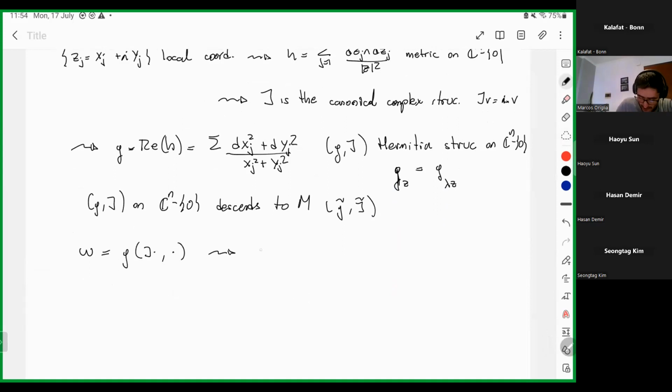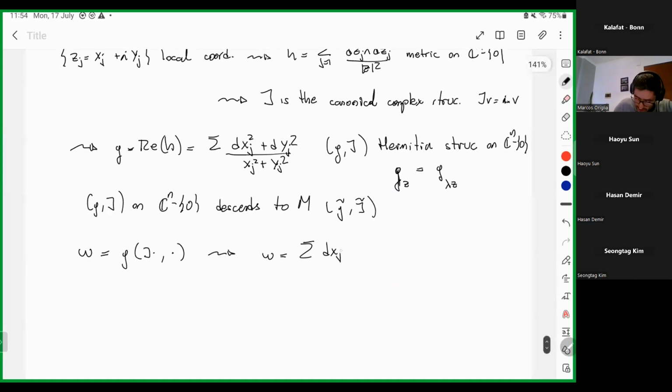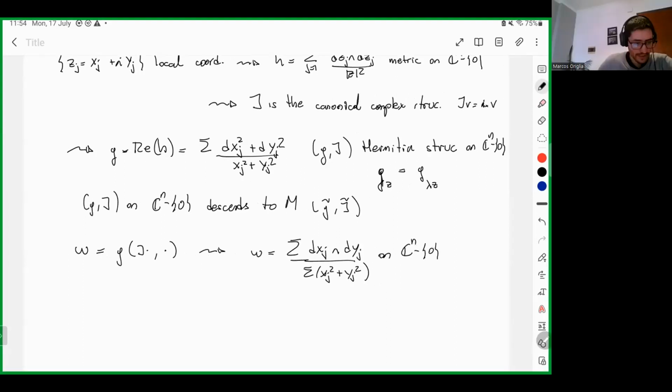And you can check that indeed omega is the sum of dx_j wedge dy_j, divided by the sum of the squares of x plus y. So that's the definition of the fundamental two form, again, on C^n, right?